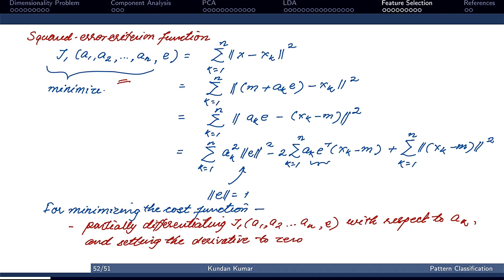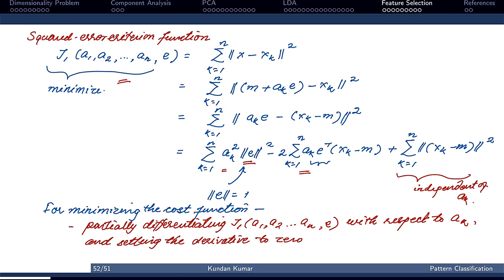You observe here that this term is independent of ak, and this term will be 1. So ak is available in this term only, and here ak is available.